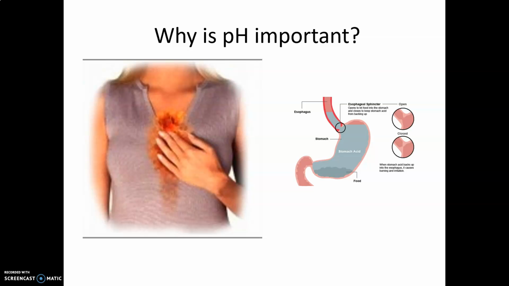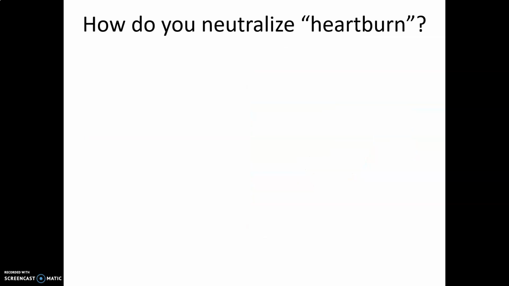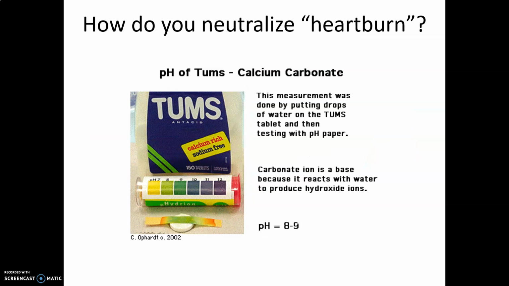And so if it's too acidic, how do you relieve heartburn? You take a base, okay? So this Tums is calcium carbonate. It's a base. And you take it, and it helps to then reduce that acid that's found its way into your esophagus and get rid of that heartburn.